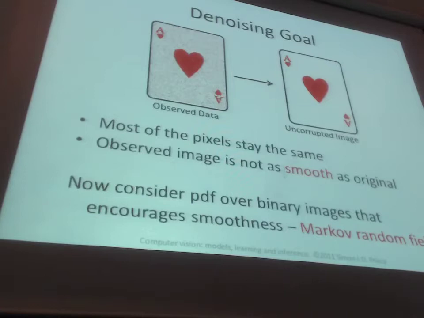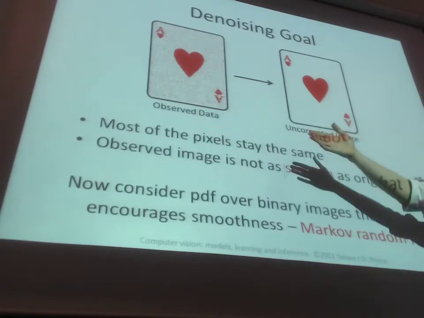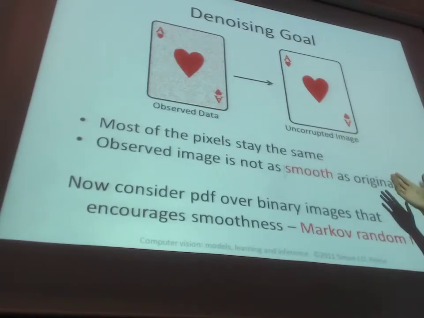All right, so we expect in this kind of denoising scenario that most of the pixels will stay the same. We are also expecting that our output, our uncorrupted image that we're trying to seek, is fairly smooth.